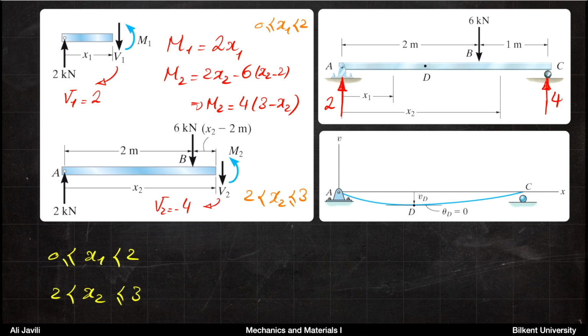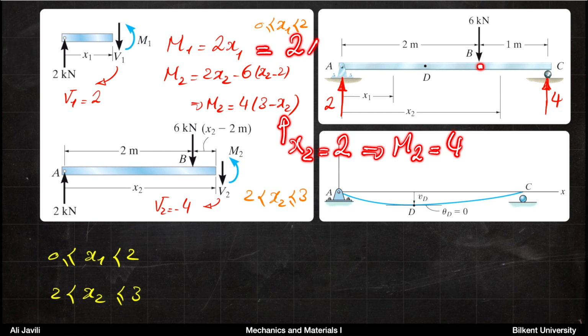Obviously, you can imagine at the point where you apply the force itself, you only get a jump in the shear force, not in the moment. So if you assume x2 equals 2, you would get the moment M2 equals 4, which is correct because the moment from the left part is also 4.